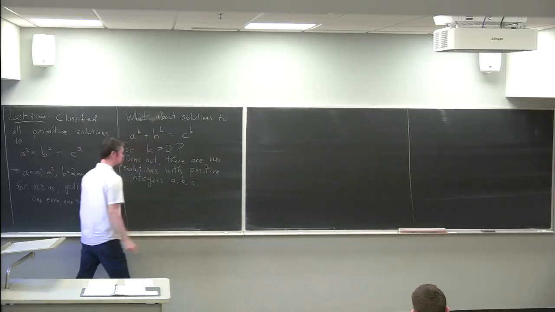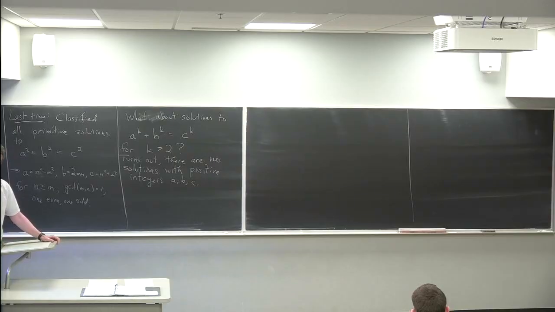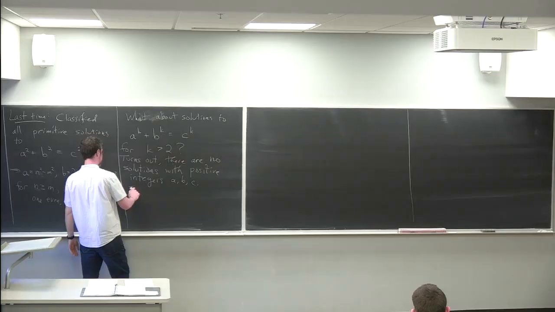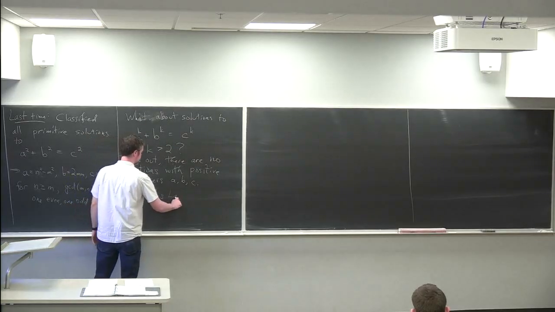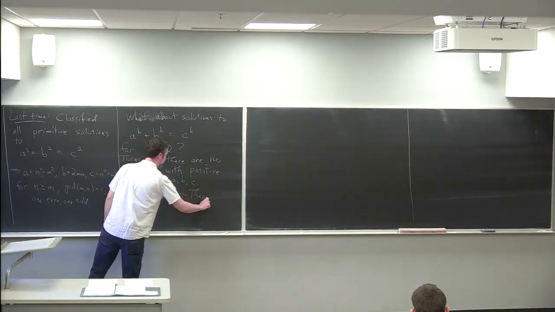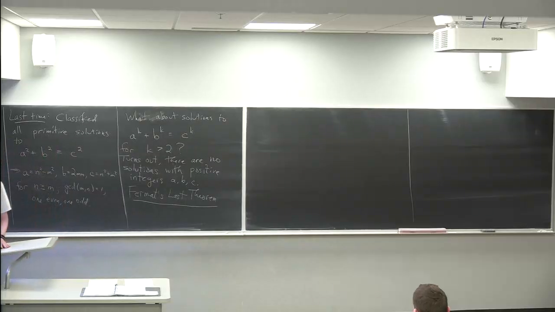Have you guys heard of this fact? This was a famous fact. This is something that came to be known as Fermat's last theorem. This is a theorem that has no place getting proved in a course like this. It turned out to be super hard, but anyway, there are just no solutions at all.